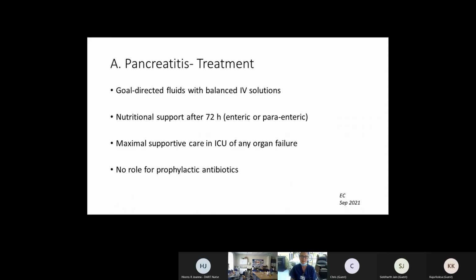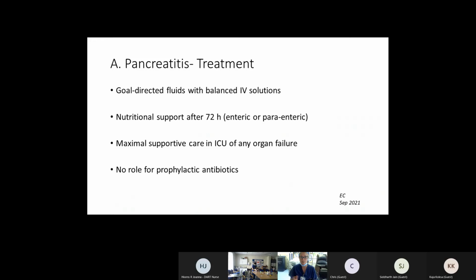Now, on a general basis, what we do, we have to give patients fluids, and this should be goal-directed, and we should use balanced IV solutions, and sometimes we have to give blood products if the patient needs. Then nutritional support is very important. So after 72 hours, we need to start feeding our patients, and we've seen that the pancreatitis will affect all the nutrition, not just the absorption in the GI, but also the cellular nutrition.